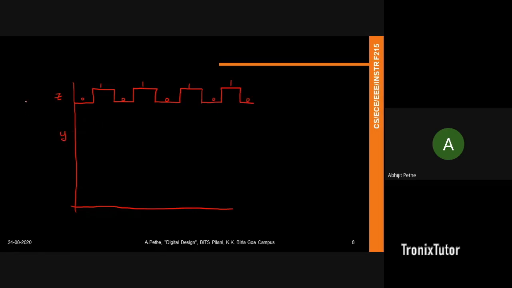Now, if I think about Y, so this is your LSB, Y stays 0 for the first 2, then goes 1 for the next 2, and so on.